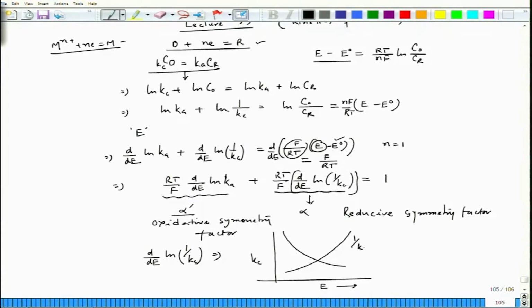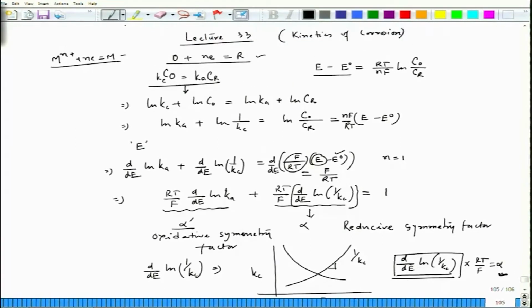If we take the log of 1 by K_C, plot it, and differentiate with respect to E, then this quantity with the multiplication factor RT by F is nothing but alpha, the reductive symmetry factor.